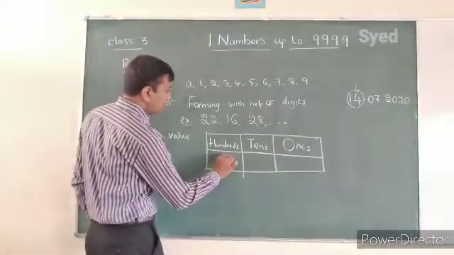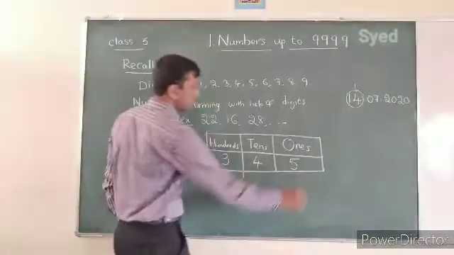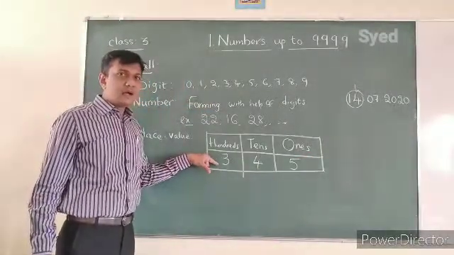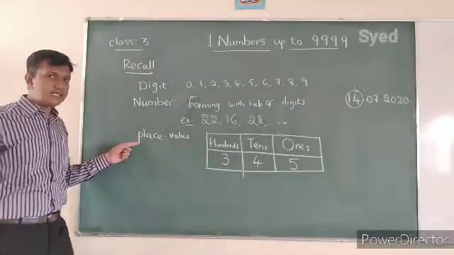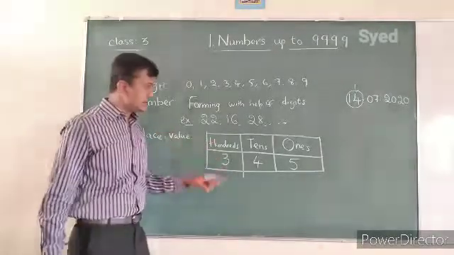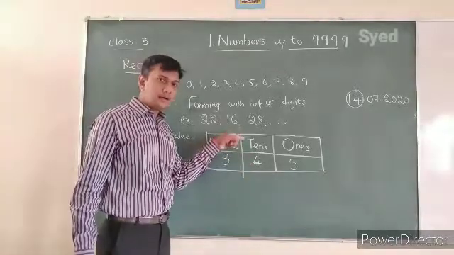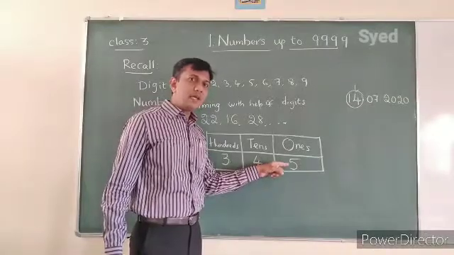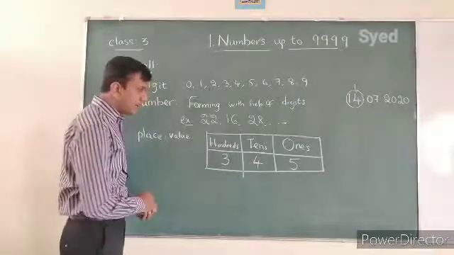For example, 3, 4, 5. What is the position of 3? Position in the sense of place value. What is the place value here of 3? It is in hundreds. What is the place value of 4? It is in tens. What is the place value of 5? It is ones. What is the value of 3 here?